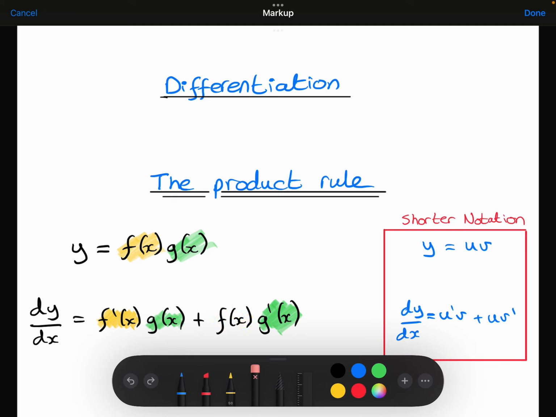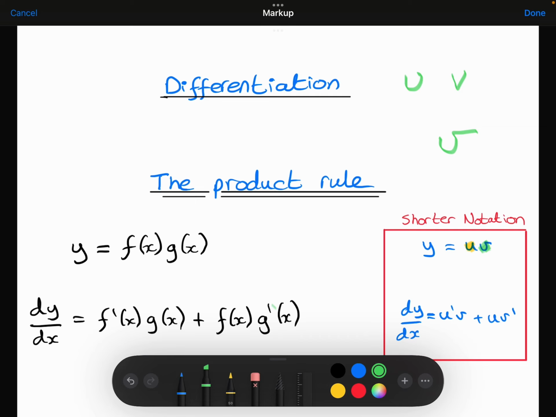I don't particularly like that notation. I think that notation is quite long, so instead the notation I prefer is this shorter notation, where I have u as one function, v as the other function. Notice the weird way I do my v's there. That's so I don't get them mixed up with the u's. When I was your age, I used to do my u's like that and my v's like that, and then I quite often got myself mixed up and made mistakes with my maths.